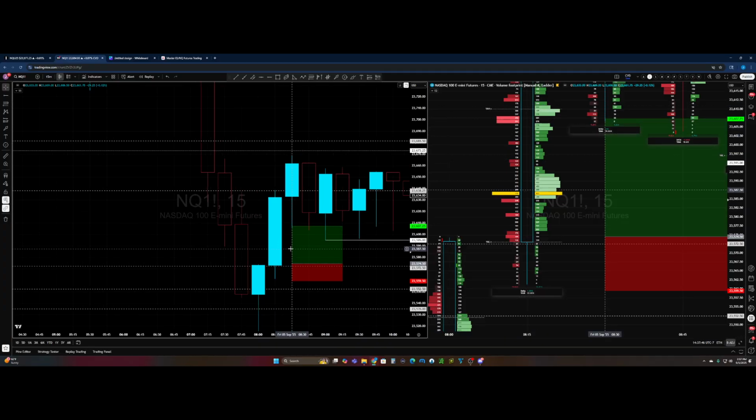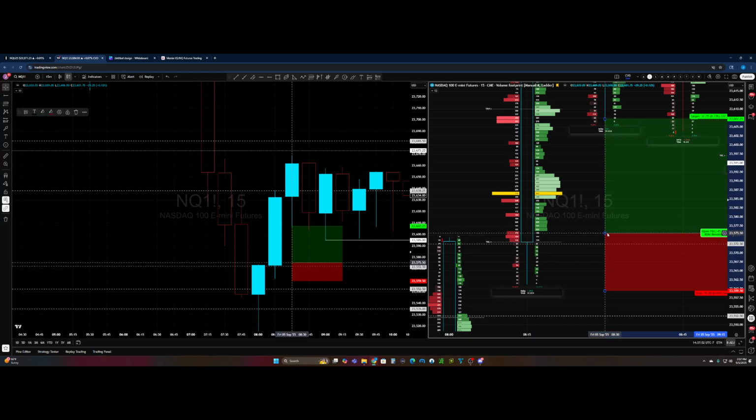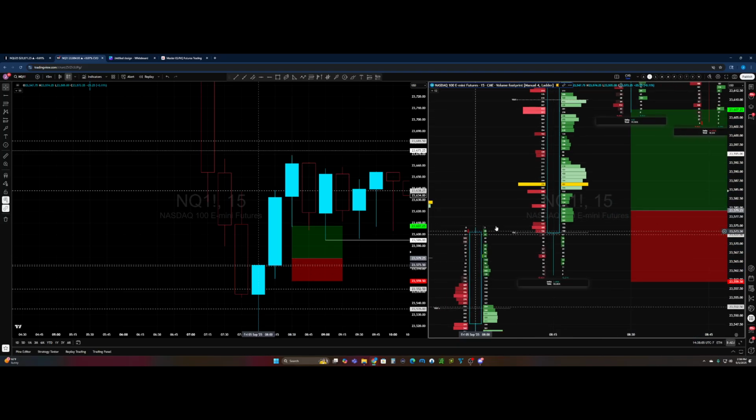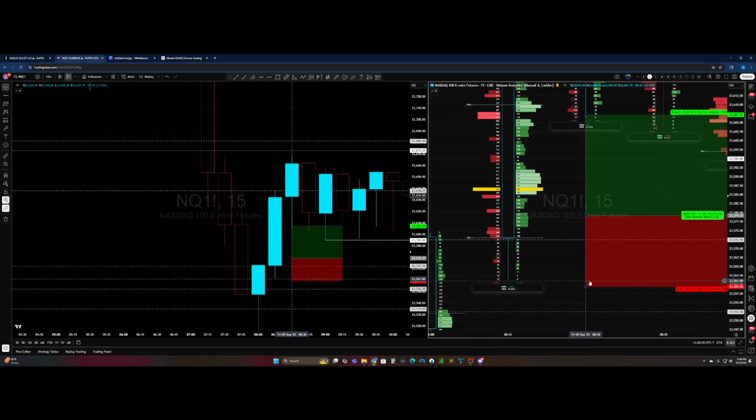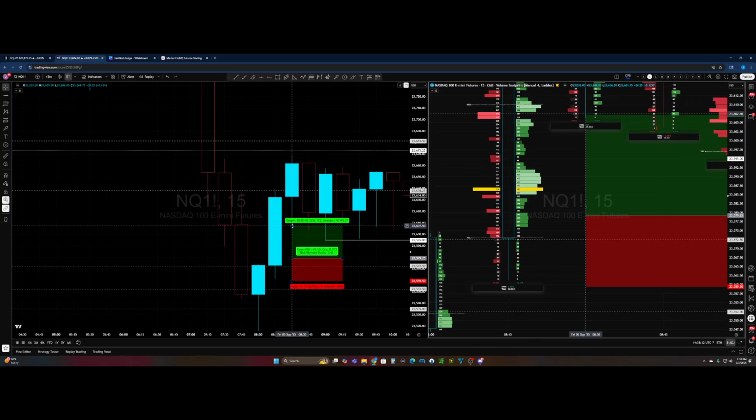Now, we're in a long in this entry right here, right above the break of this candle. You know what? I'm even going to say that I got in late, and I put it here, right? Just slightly above. Like we see it pushing, I'm in. Risk is managed. Now, where do we get out?